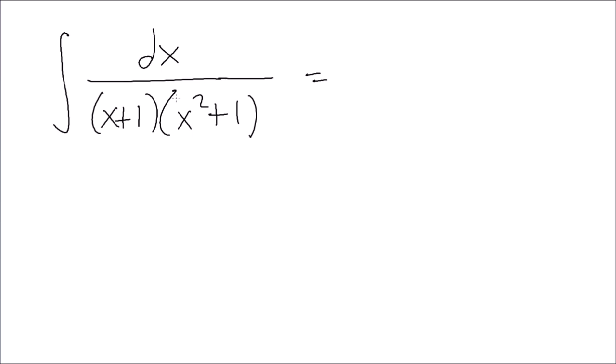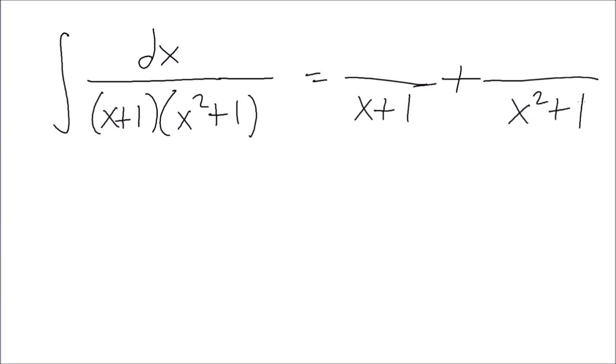We have it factored, which is nice. But how are we going to do partial fractions with this? So we go ahead and do our setup: x plus 1, x squared plus 1. Now, this is a bit different. We only do this when we have a linear function.